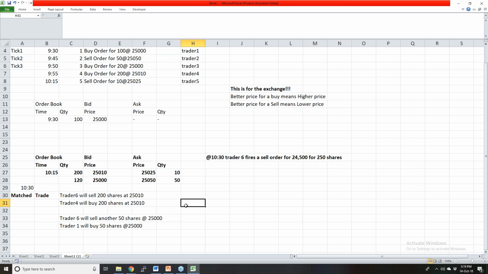I get the best possible price. If I'm a buyer, I will get the lowest price. If my order is initiating a trade, as a buyer, I will get the lowest price. And as a seller, I would get the highest price, right? So this is how exchanges work.